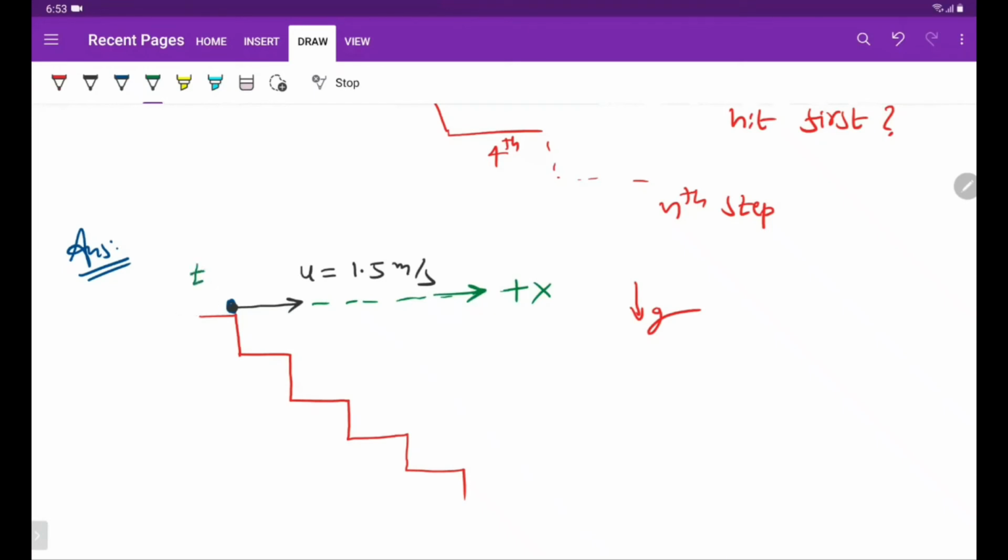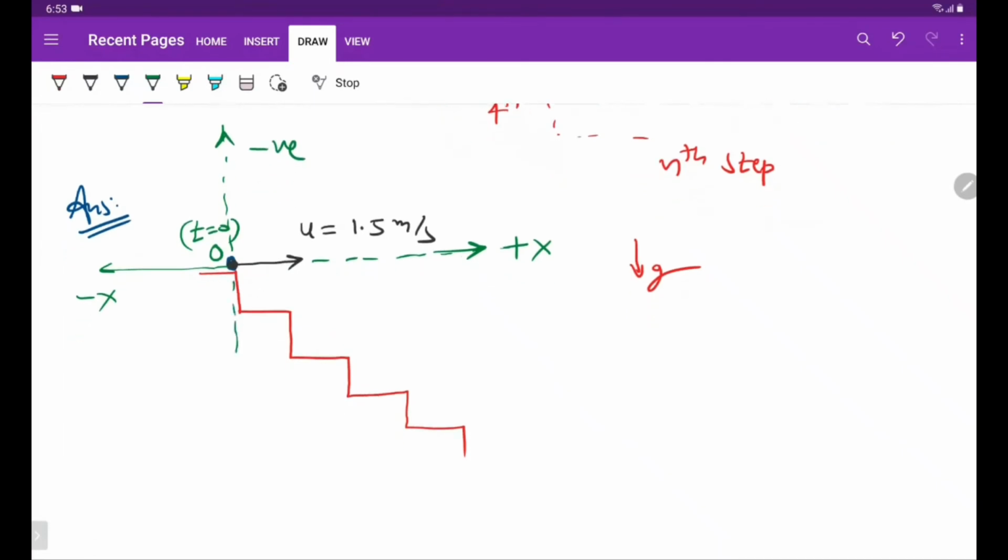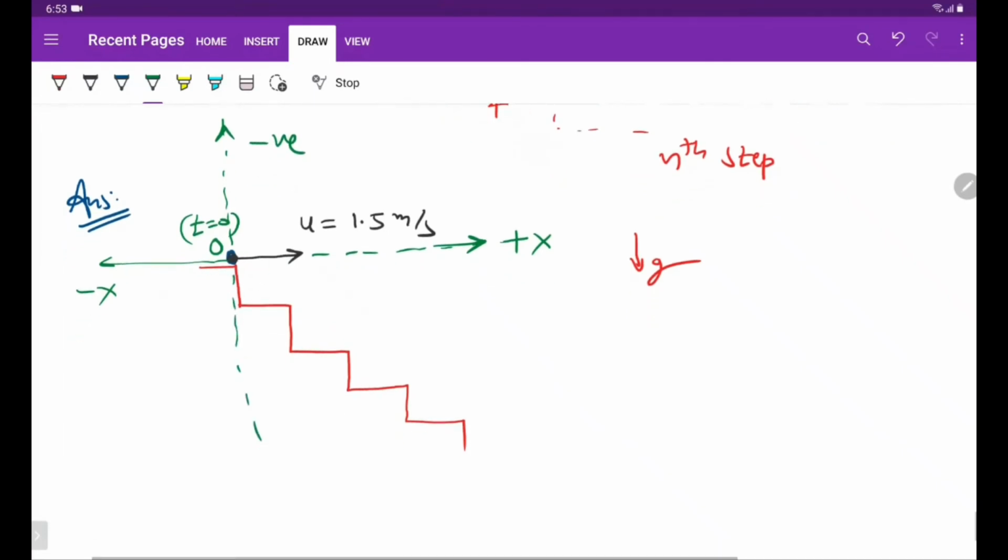From where we are throwing, that is time t0, this is the origin. The left side is taken as the negative x-axis, and the vertical upper direction is negative because the ball is coming in the downward direction. So the downward direction is positive. Follow this coordinate system and apply the same procedure.